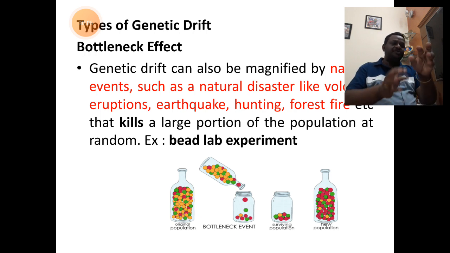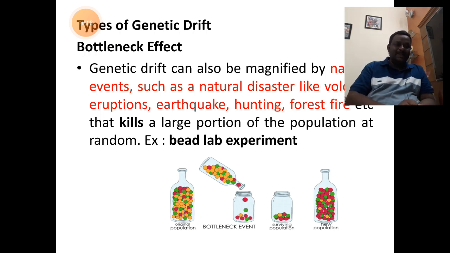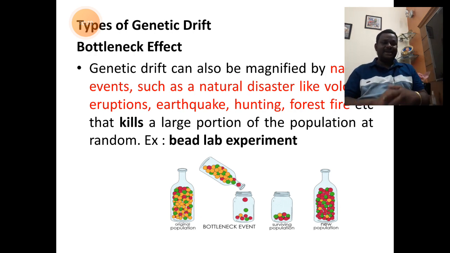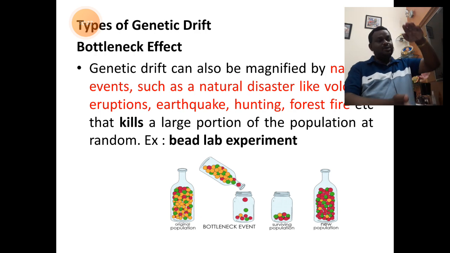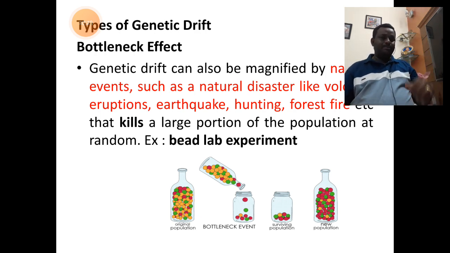because in the first, extreme left, the original population indicates more of yellow, less of red. But in the last, towards the right side, when you look at the selected population, which has multiplied, it is also filling the bottle, but with more of red and green and less of yellow.